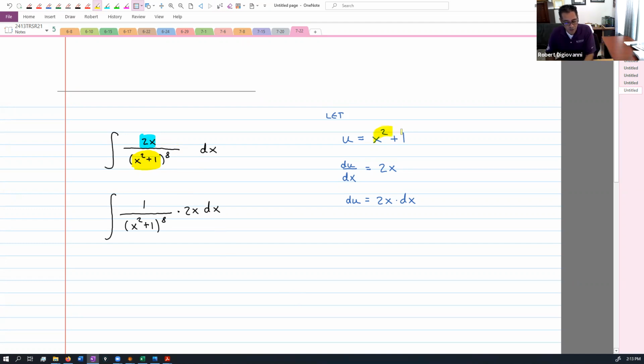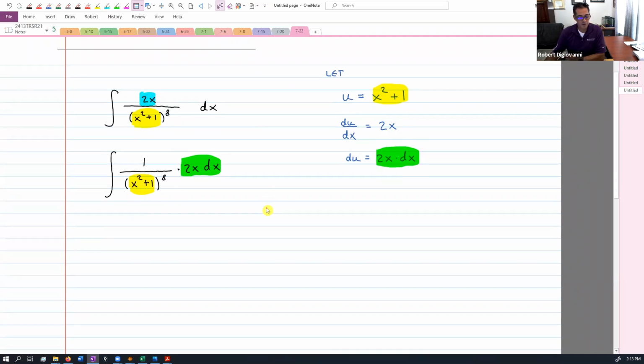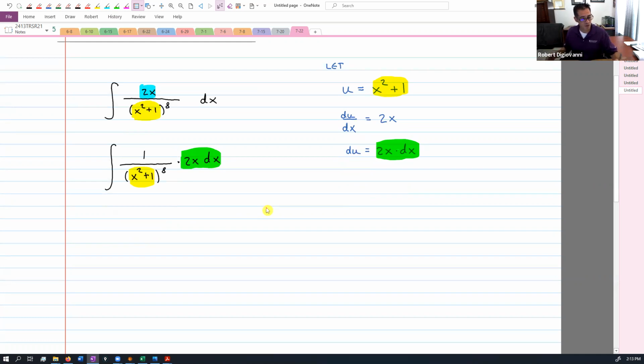We have the x squared plus 1, right? Is that. And we have the 2x dx is this. Right? So I'm going to now make the substitution.